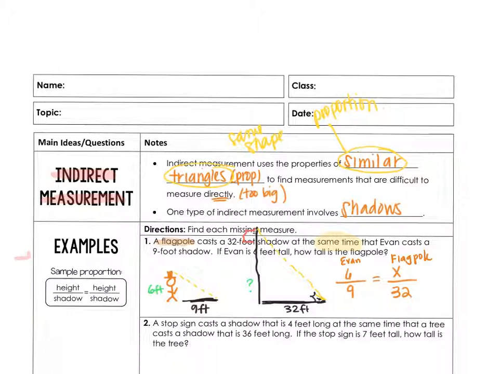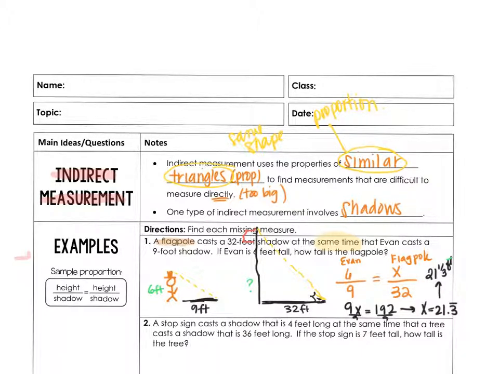So we've got 9x is equal to 192, using my calculator to multiply 6 by 32 quickly. Divide by 9 on both sides to get that x is equal to 21.3 repeating, also known as 21 1/3 feet.